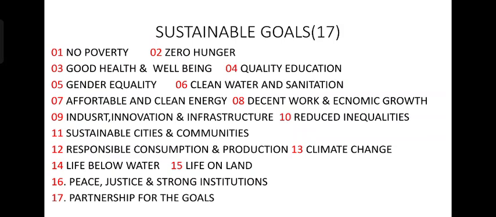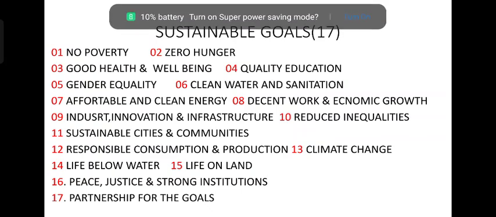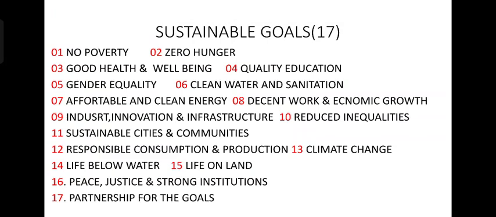All the basic necessities regarding an individual: an individual should not be in poverty, and should not have hunger. They should get good health, they should have a well-being condition, they should get an education. So all these are related to an individual, and such things come in the first part of the sustainable goals.